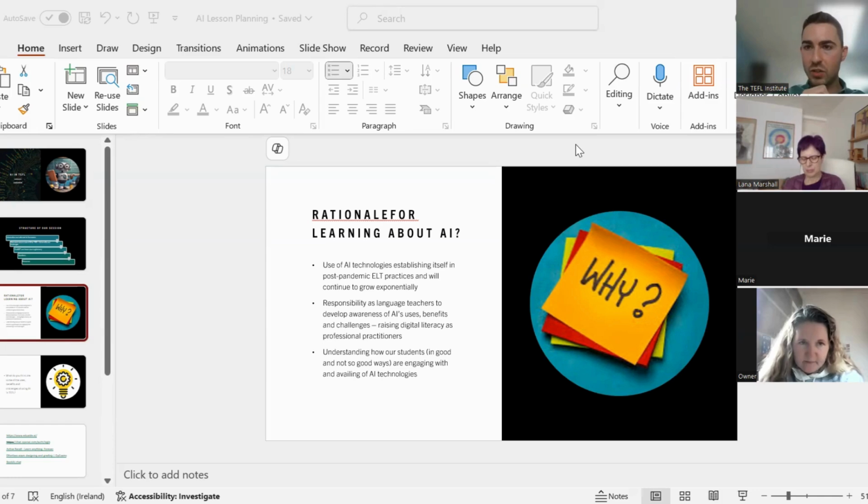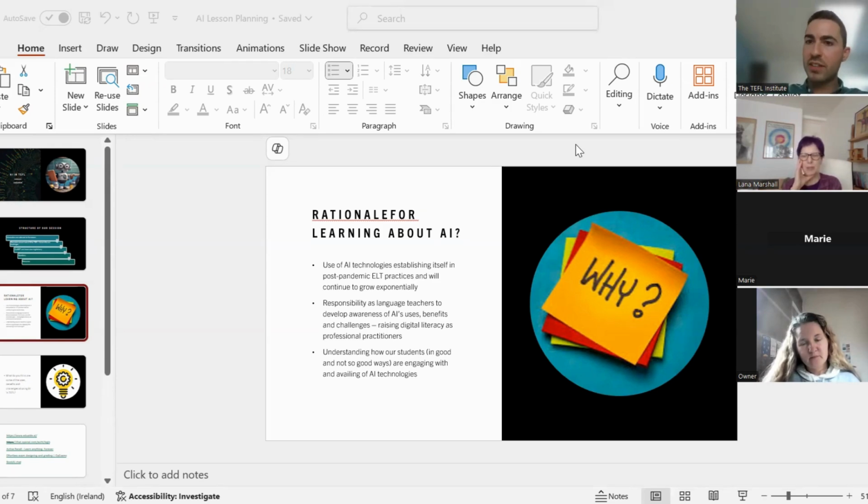And we need to educate ourselves on how exactly we can use AI to help us lesson plan, to help us deliver lessons, to help us design tests, to help us assess our students and our learners, to help us make resources to guide students on how to use AI effectively and how to really reap the benefits and be aware of and avoid the pitfalls that come with AI as well.